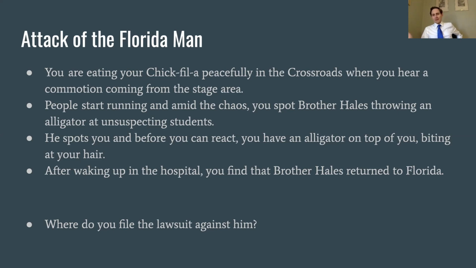Oftentimes, just for kicks, I will link to an article about a Florida man, and the joke, I think, got started on Reddit or something. If you read news stories and it starts with Florida man, there's just going to be some crazy story going on. My all-time favorite was Florida man arrested for throwing alligators into the window of the McDonald's drive-thru, right? Like, what? But of course, that's just like every Saturday night in Florida, somebody's doing that.